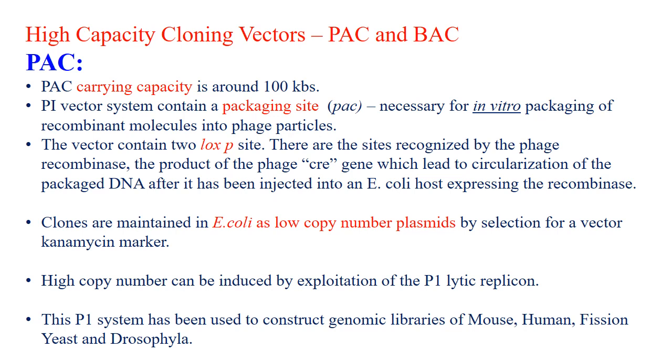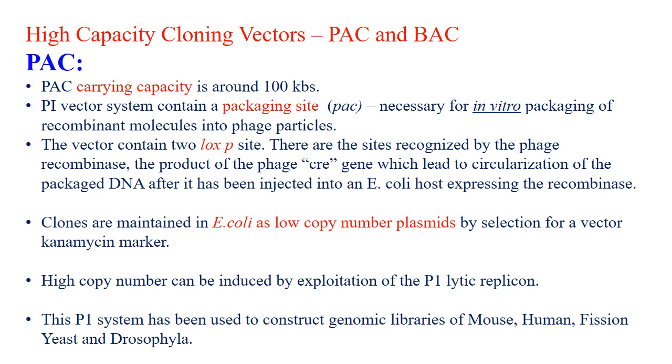It contains loxP, which is recognized by the phage recombinase, the product of the phage Cre gene, which leads to circularization of the packaged DNA after it has been injected into the E. coli host cells expressing the recombinase.